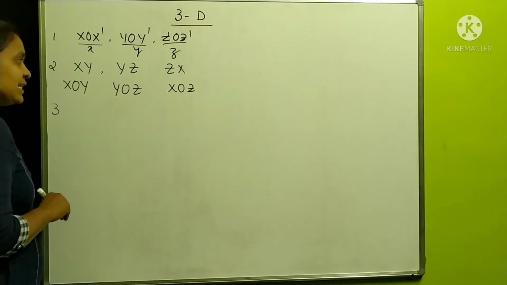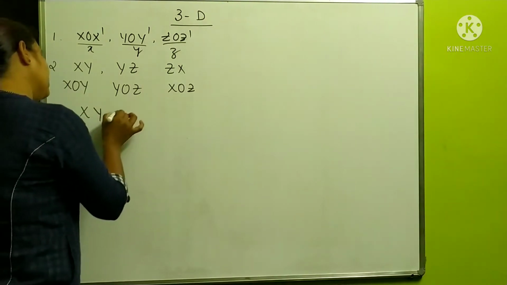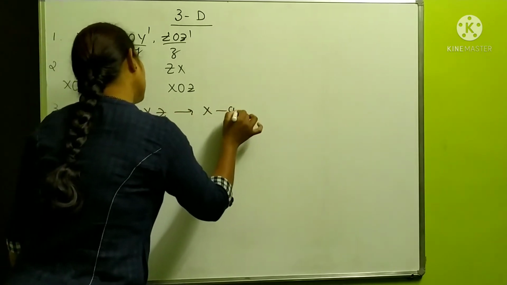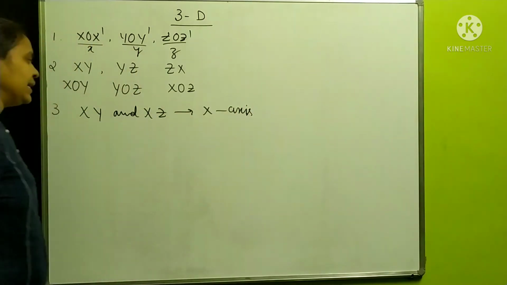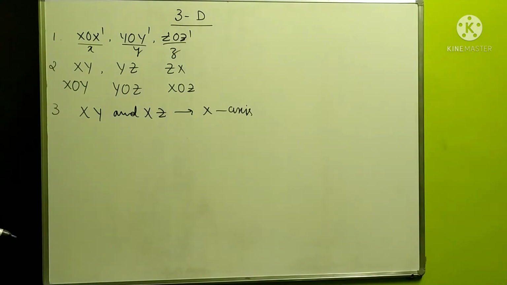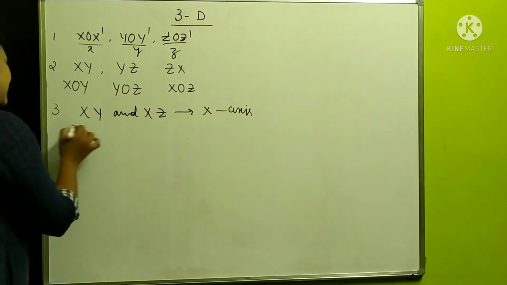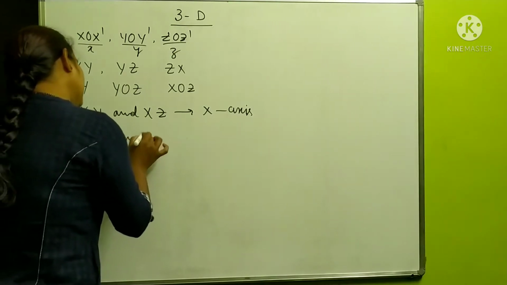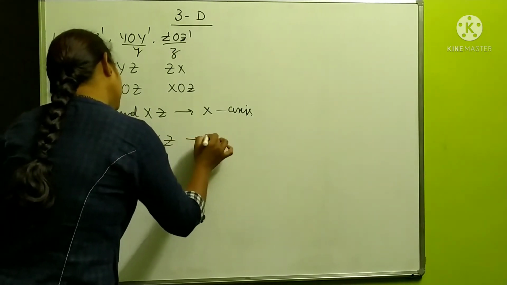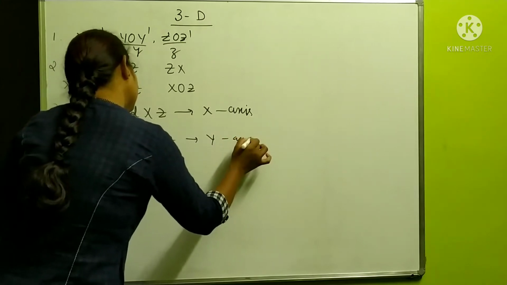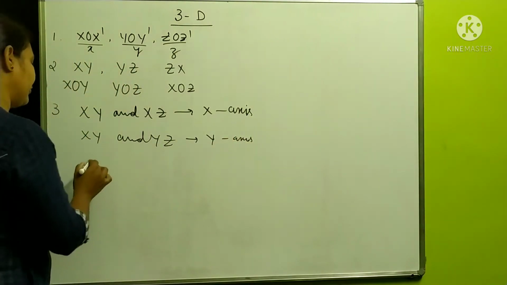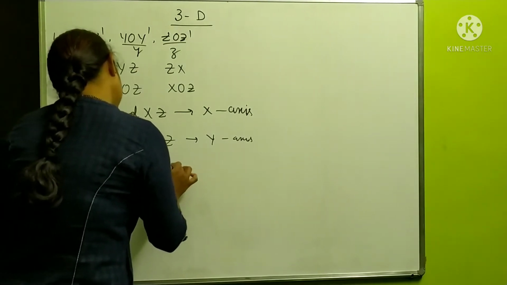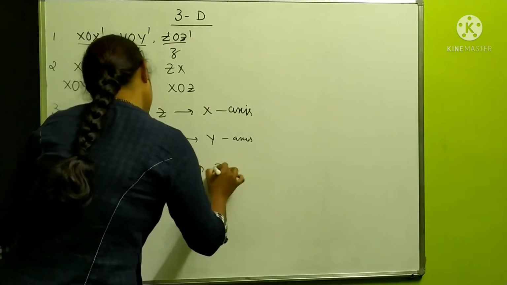Next, the intersection of XY plane and XZ plane gives you the X-axis. Similarly, the intersection of XY plane and YZ plane gives you the Y-axis. The intersection of YZ plane and ZX plane gives you the Z-axis.